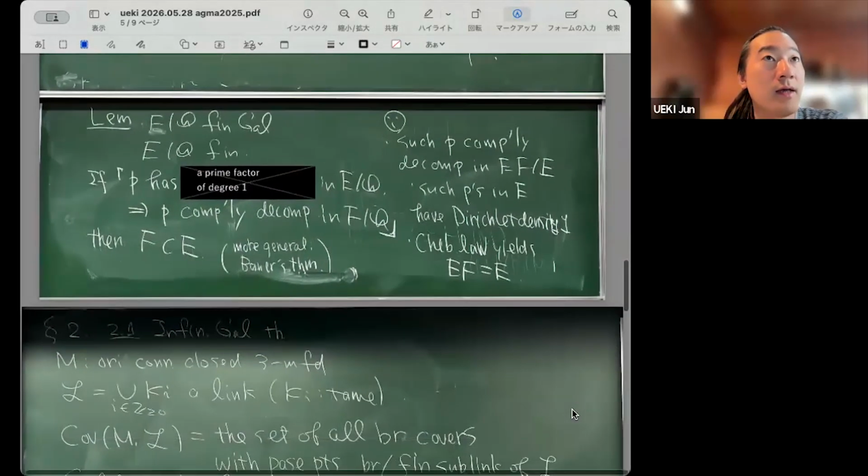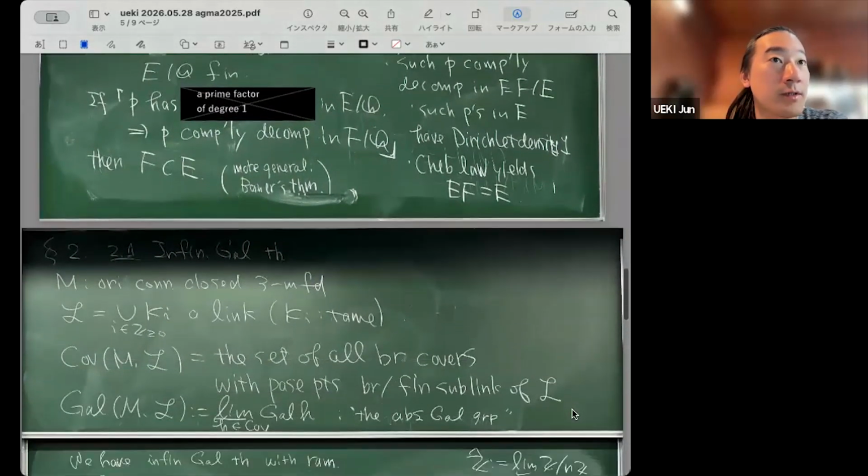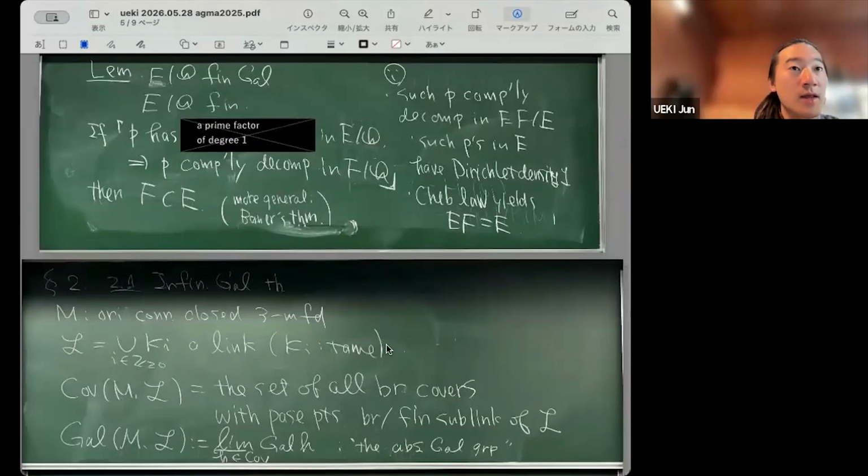Next, I will explain more on topology. First, we need infinite Galois theory, Galois theory for infinite covers. Let M be an oriented connected closed three-manifold, and let L be an infinite link with countably many components.